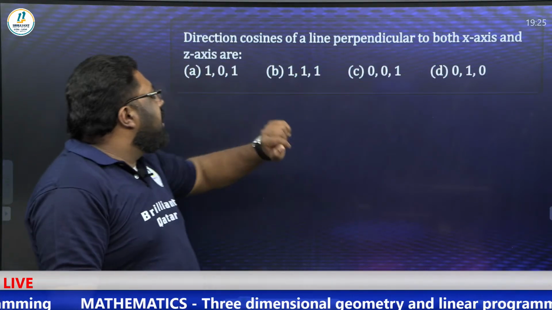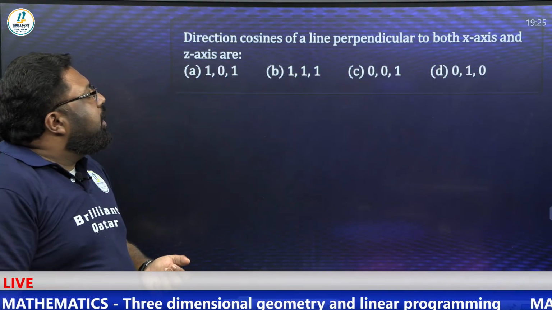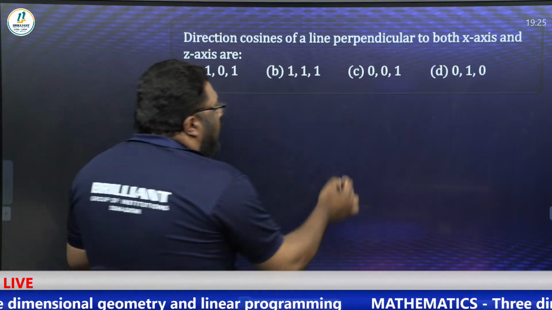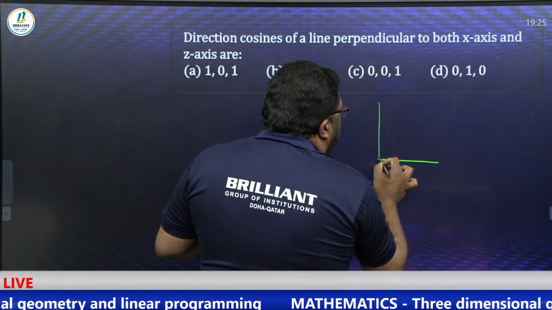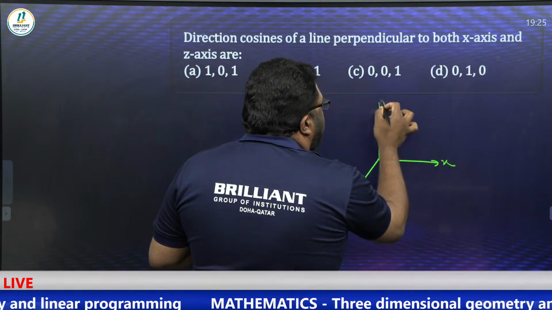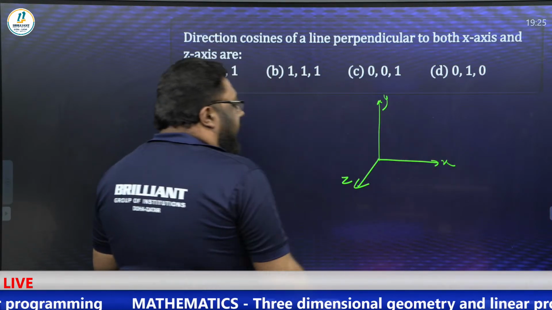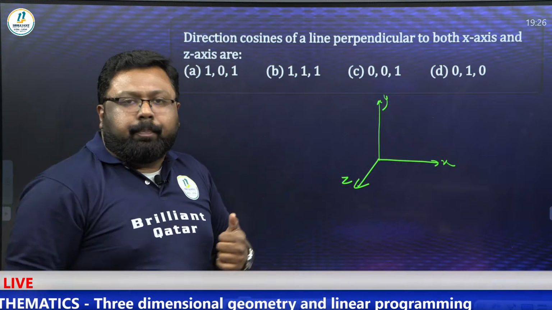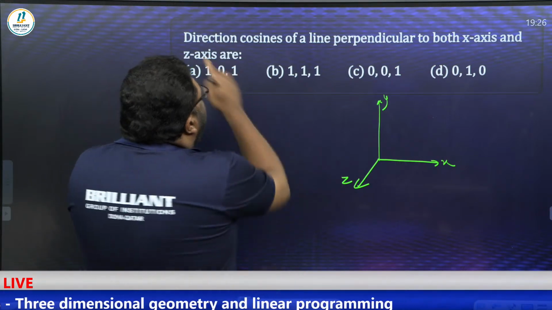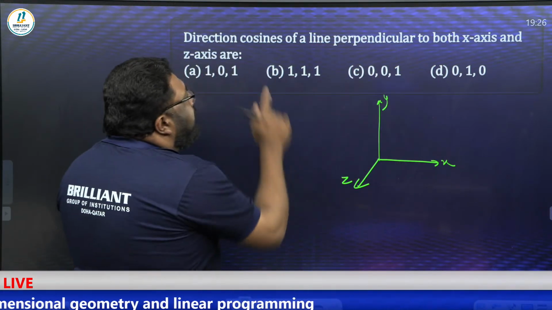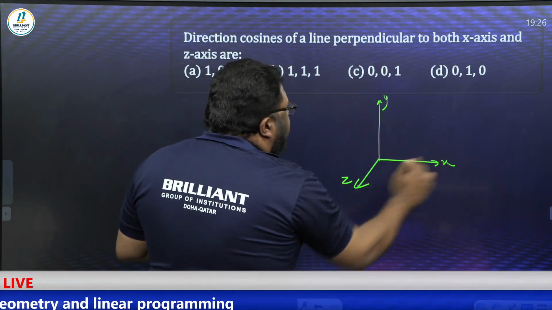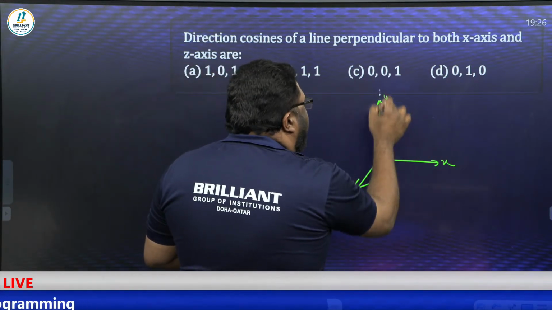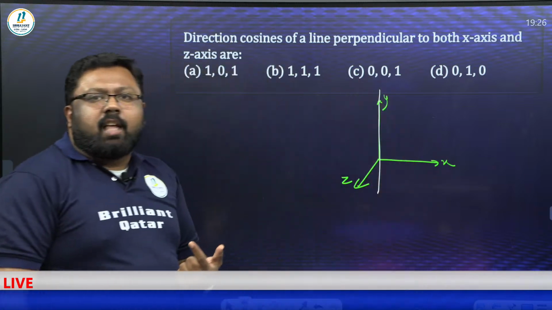Question: direction cosines of a line perpendicular to both x-axis and z-axis. Come on, when you talk about the 3D system, x-axis, y-axis, z-axis, we know that all the three axes are mutually perpendicular. So if I talk about a line which is perpendicular to both x-axis and z-axis, the most famous line we can remember is what? The y-axis.